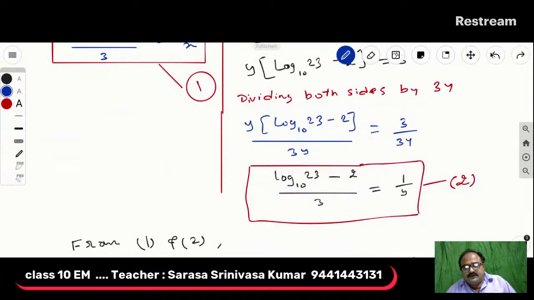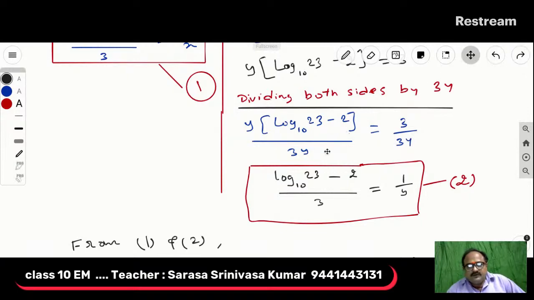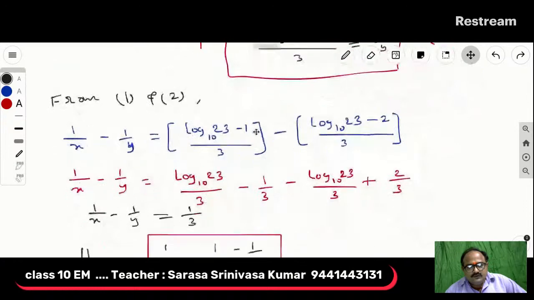Dividing both sides by 3y, we get the result: log 23 base 10 minus 2 over 3 upon 3 equal to 1 by y. So this is taken as equation 2.